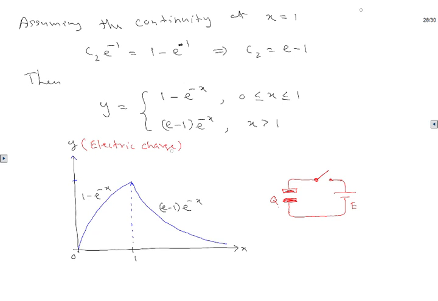This is a nice example of how to use differential equations to find solutions to real world situations like that. Okay, that's good.